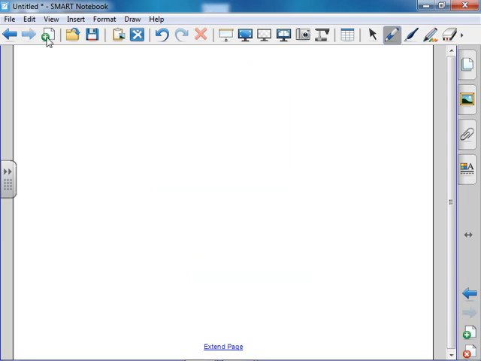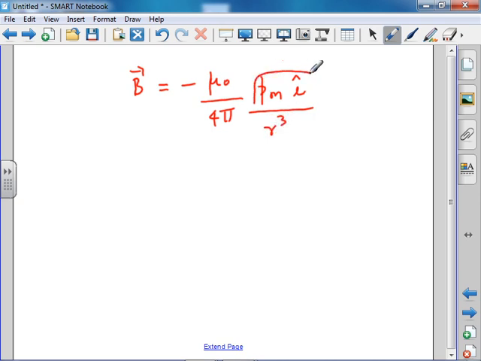So let us substitute. We get B vector is equal to minus mu naught by 4 pi Pm i cap by r cube. What is this Pm i cap? This is the dipole moment along with the direction vector.